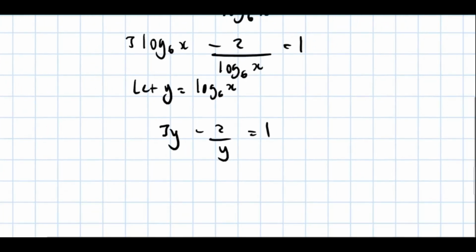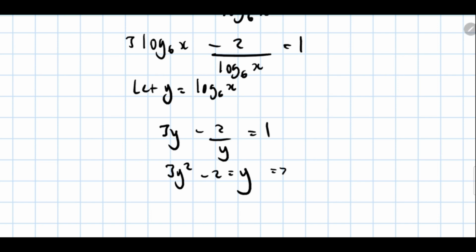We don't consider 0 as a solution for y, as it contradicts the equation itself. By multiplying both sides by y, we have 3y squared minus 2 is equal to y, and we will rearrange this to become a quadratic equation, because we know how to solve those straightforwardly.